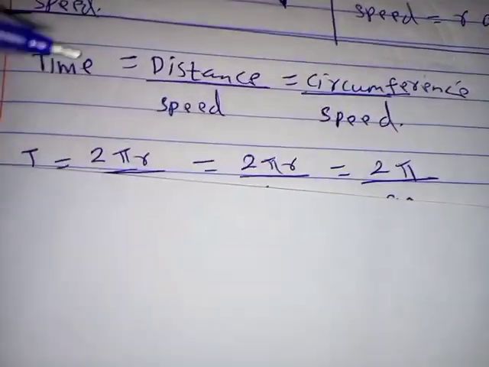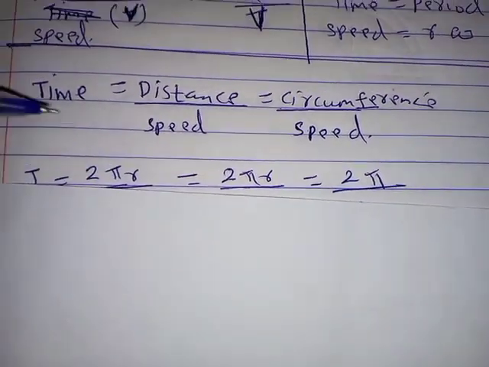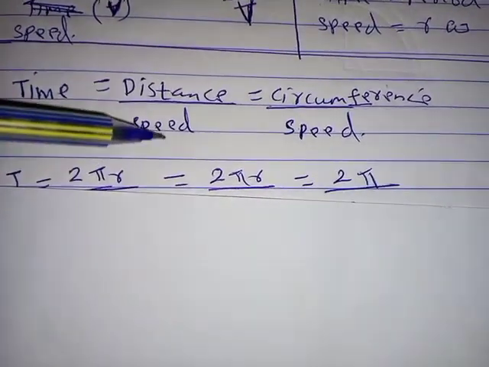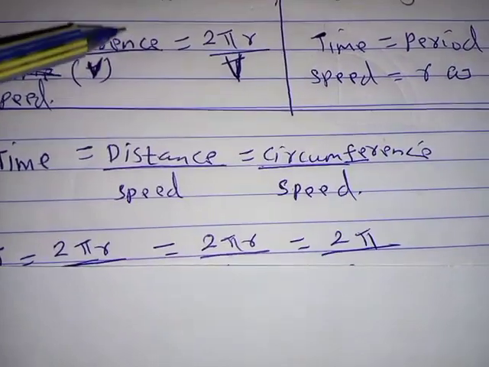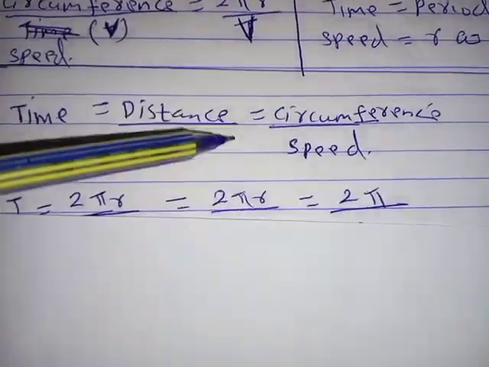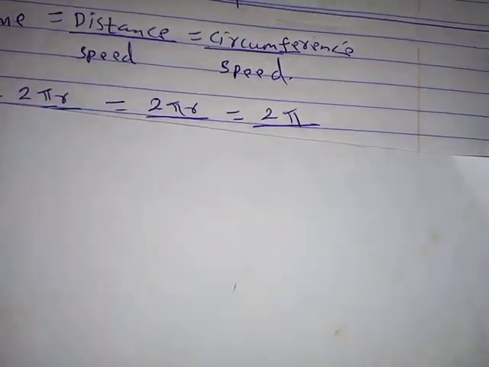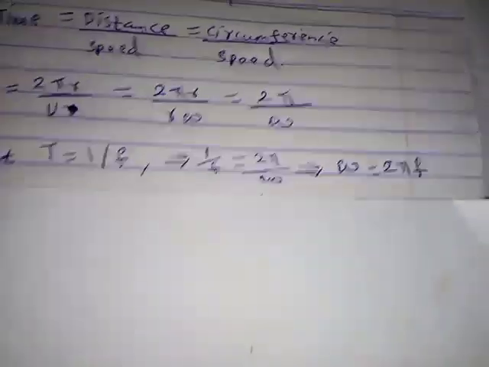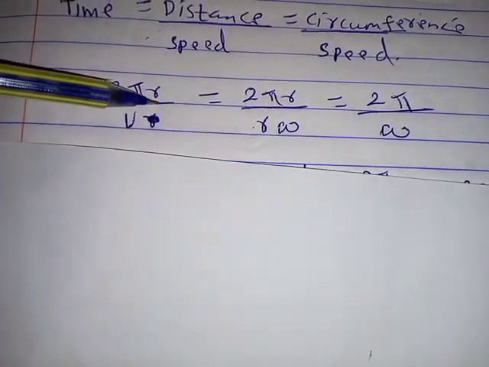So time is equal to distance over speed, as written here, circumference over v. The distance here is the circumference, divided by the speed, and our circumference is given by 2 pi r.